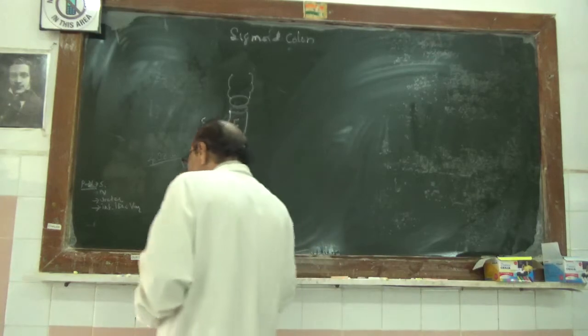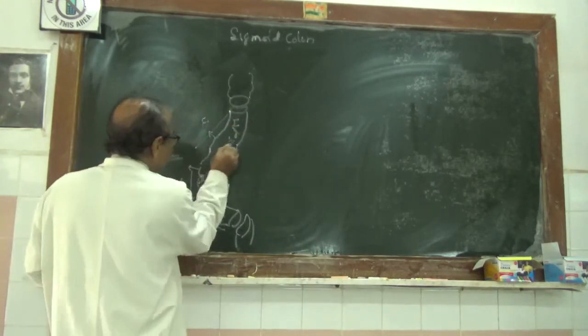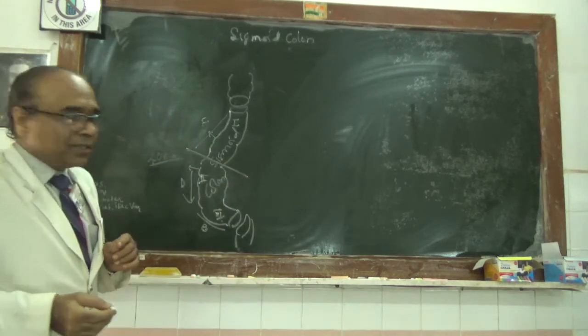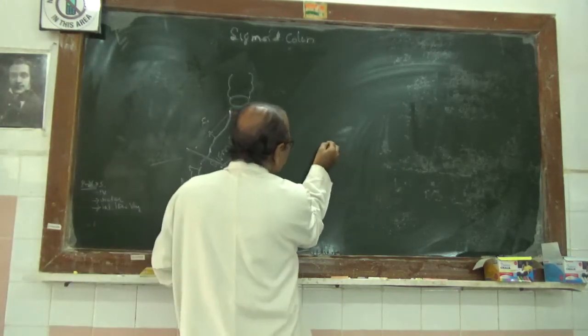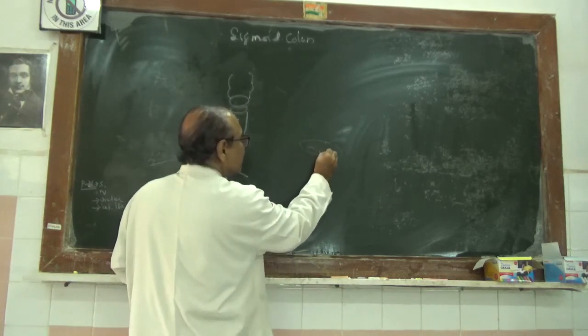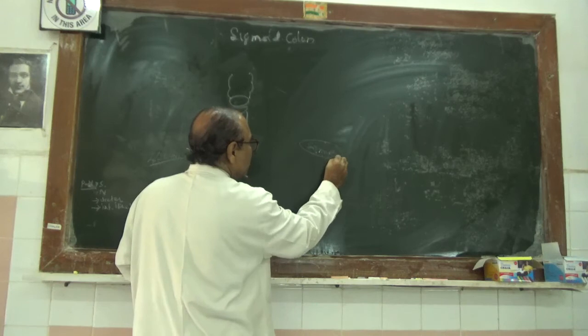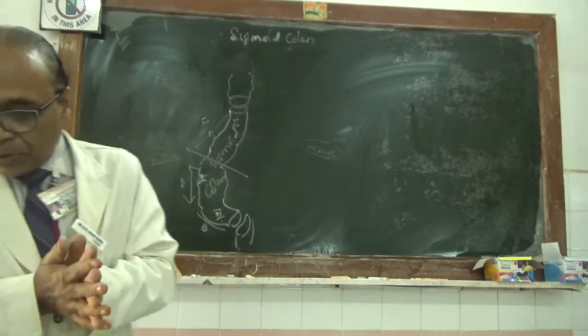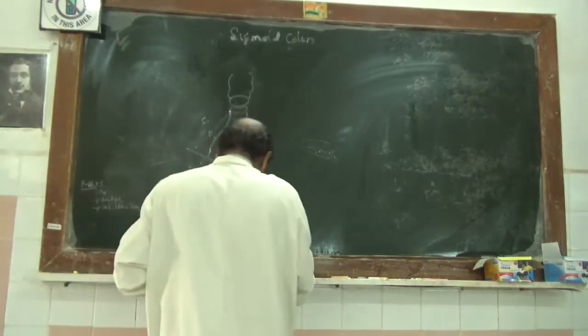Then when you talk about the relations, you have to take a cut and then study. So this is the sigmoid colon. Now you will have the posterior relations.